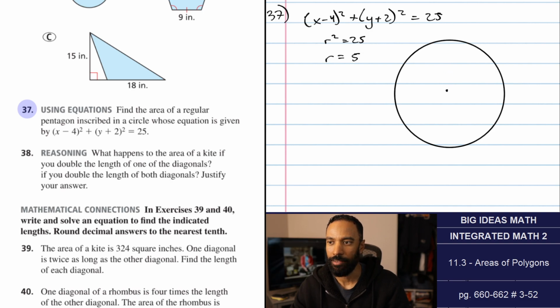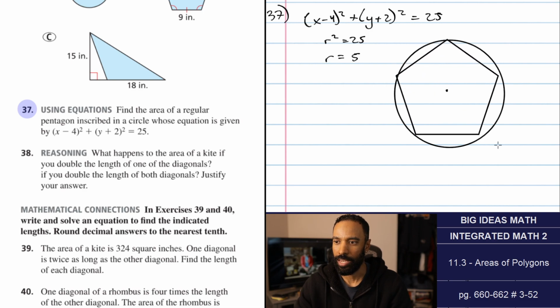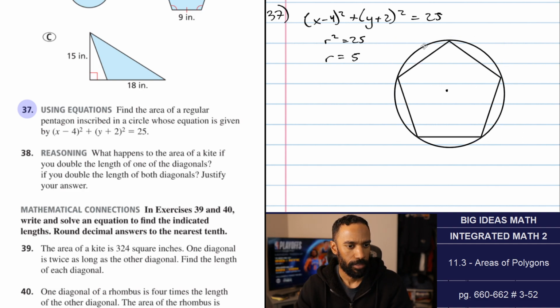The radius is 5. If a pentagon is inscribed inside of here, then that radius of the circle is also the radius of the pentagon. It said pentagon, right? Yeah, pentagon. So this length is 5 units like that.